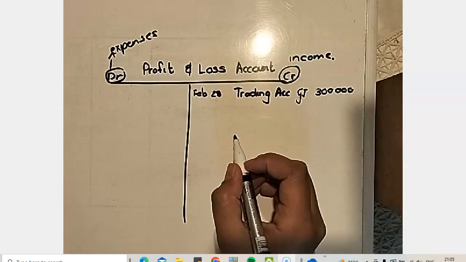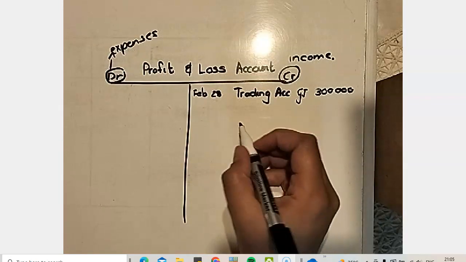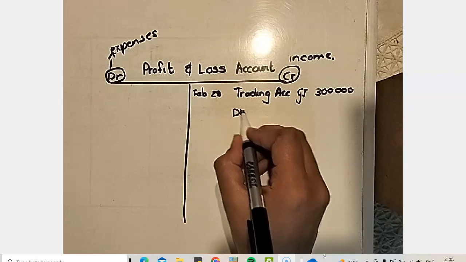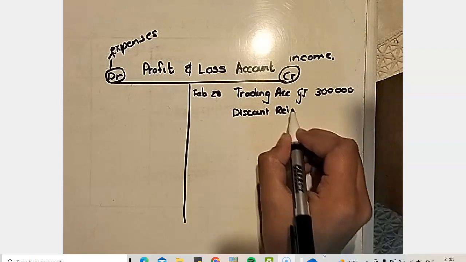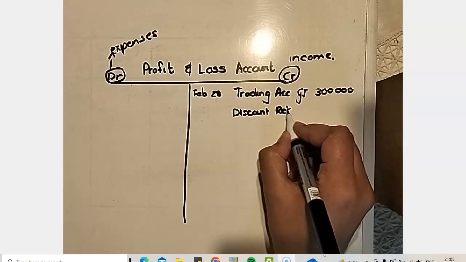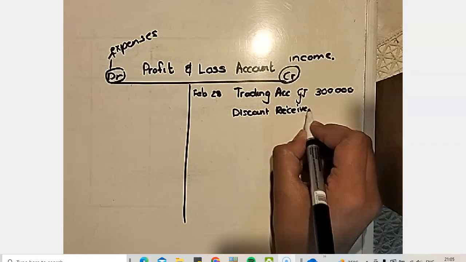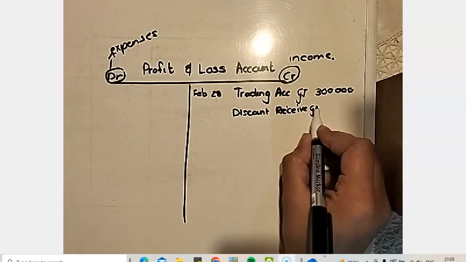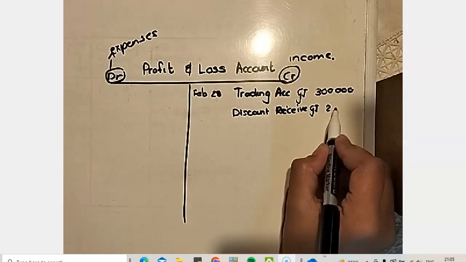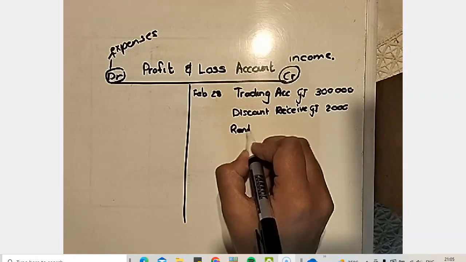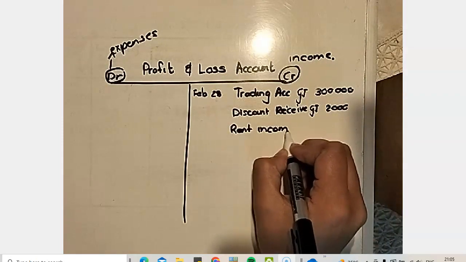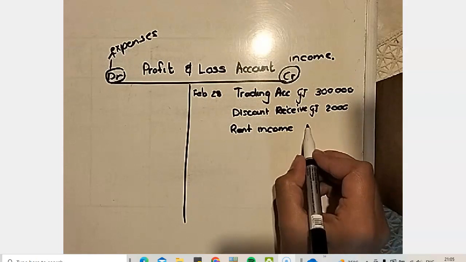Okay, so now what is the income that you can get? So it's discount received. You need to specify it. If you don't specify it, then you will lose a mark. We get rent income. Remember, you can get rent expense as well.